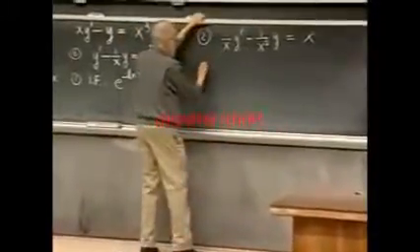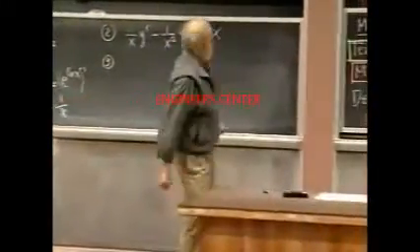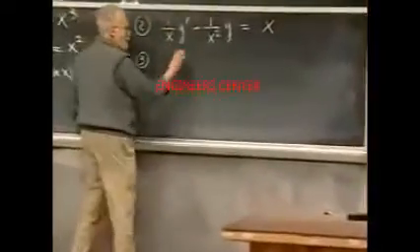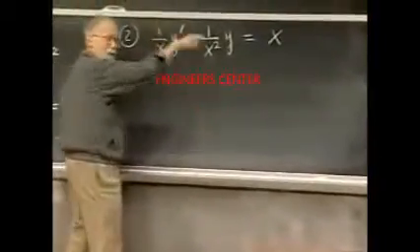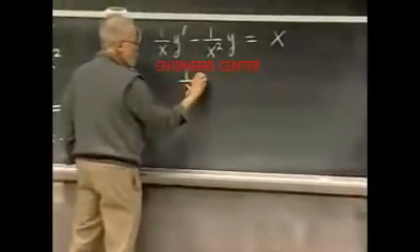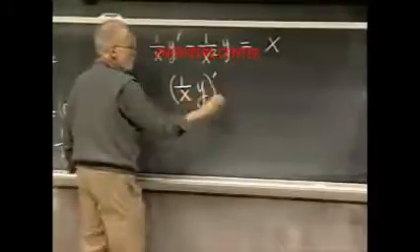I always recommend that you put in as an extra step the reason for using that integrating factor. In other words, that the left-hand side is supposed to be now 1 over x times y prime.